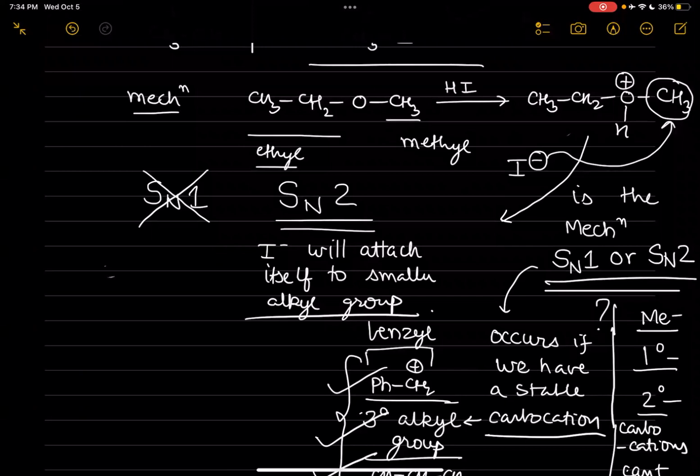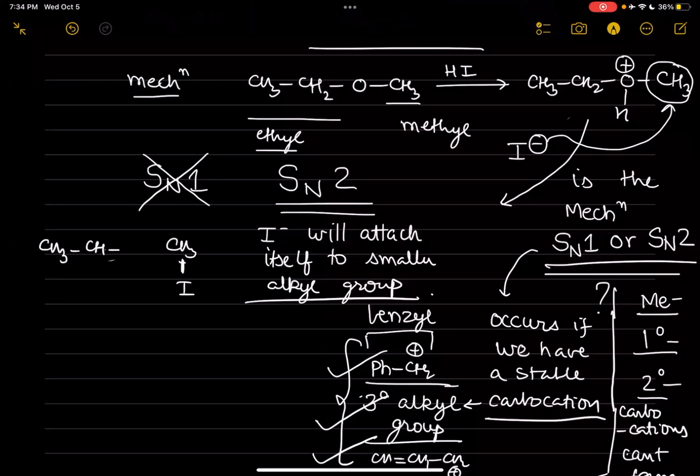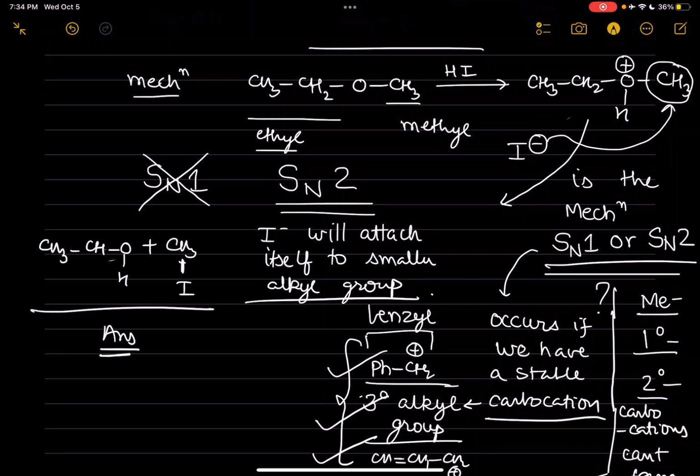So this is going to be CH3I. This is a tricky and difficult thing for most of the students. And this is going to be the answer. Clear or not?